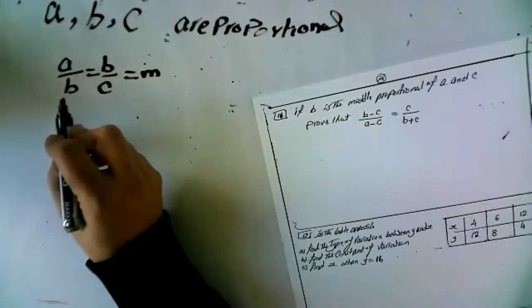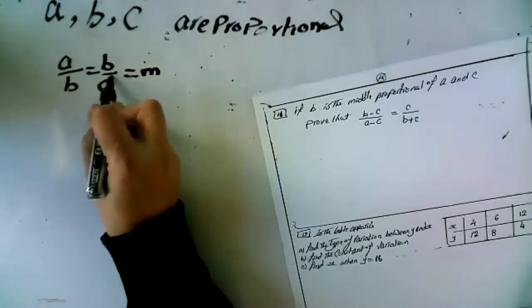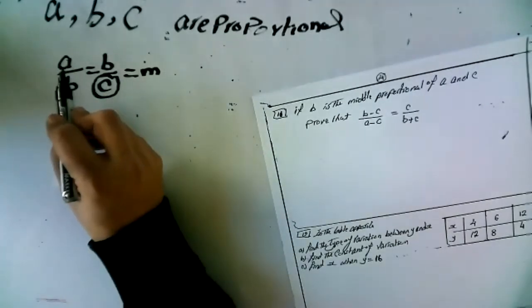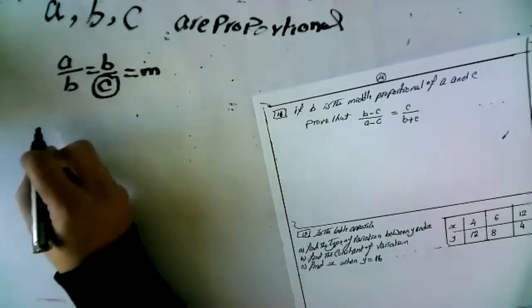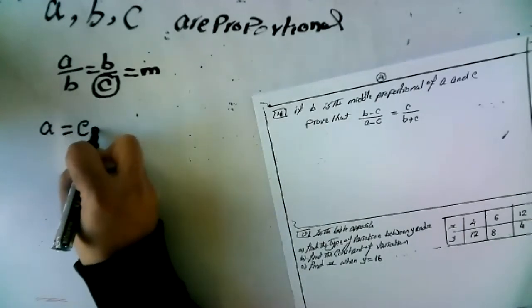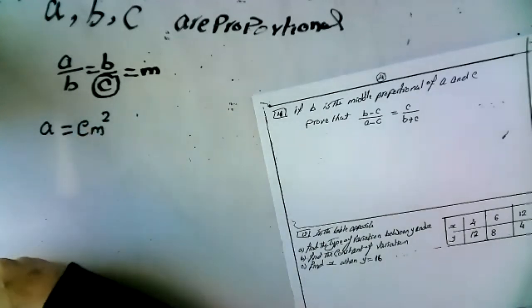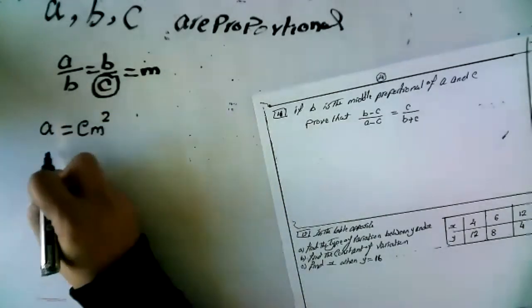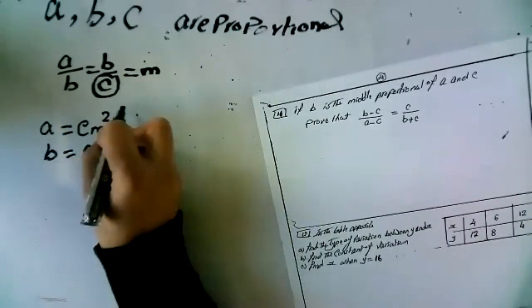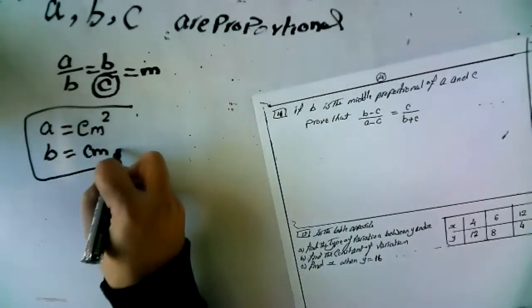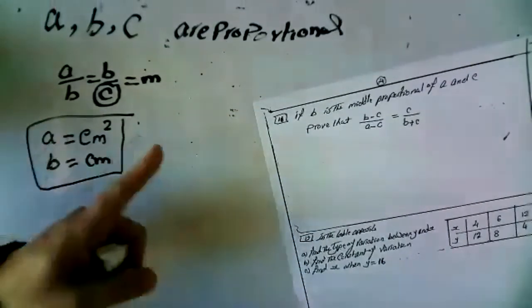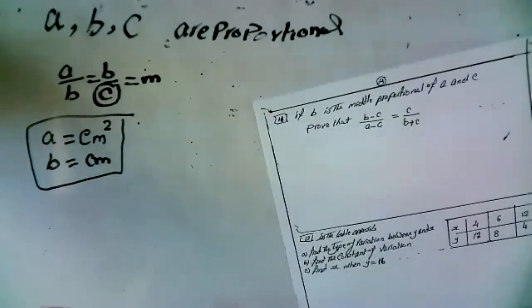Then, in case of continued proportion, we will substitute A equals Cm power 2 and B equals Cm, because this is a continued proportion.